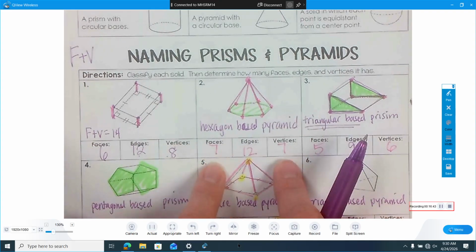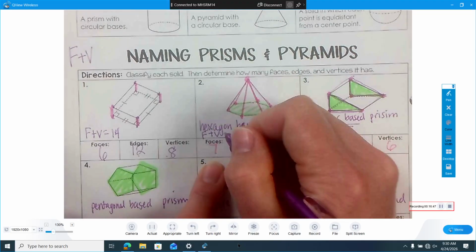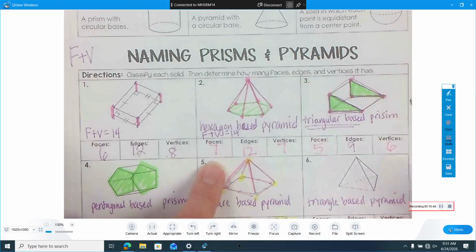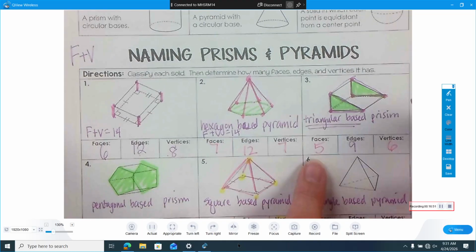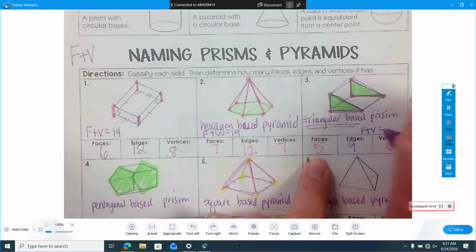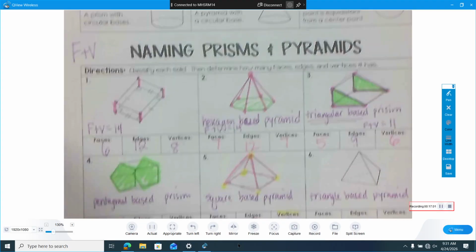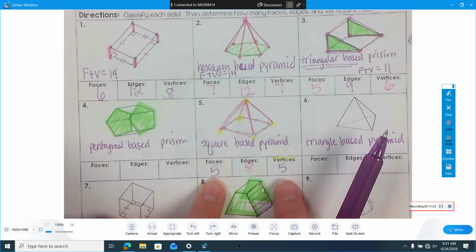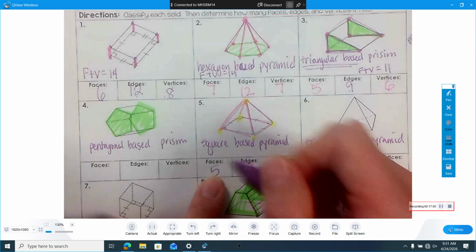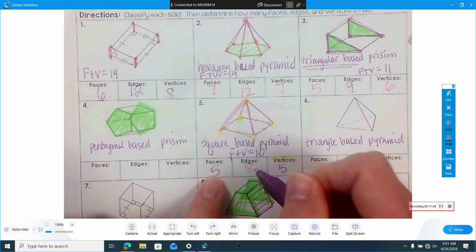On number 2, what is your faces plus vertices? 14. How does it compare to the edges? 2 more. On number 3, what is your faces plus vertices? 11. How does it compare to the edges? 2 more. Hey, let's do one more. Number 5. 10. Faces plus vertices equal 10, and that is 2 more.